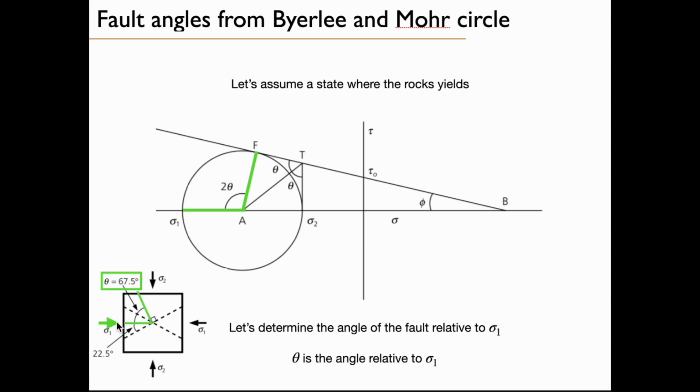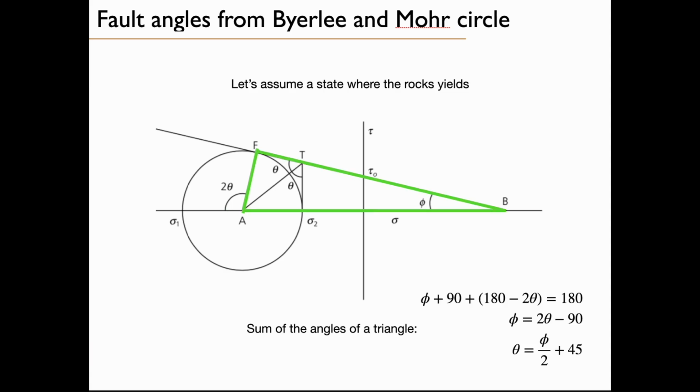I go back to this sketch here, and you will see theta is the angle of that plane. That is the value of theta. And here we have 2 theta. That plane is nothing else than the normal to the fault plane. So when we compute the angle of the fault relative to sigma 1, we will measure 90 degrees minus theta.